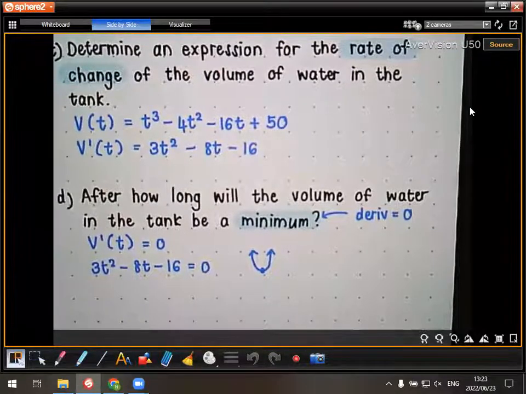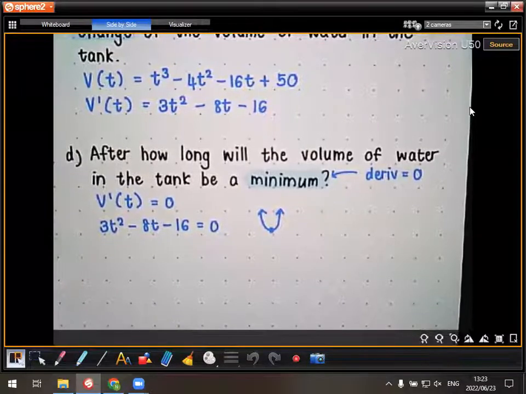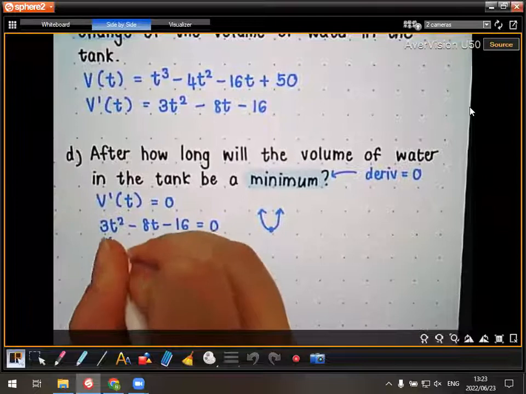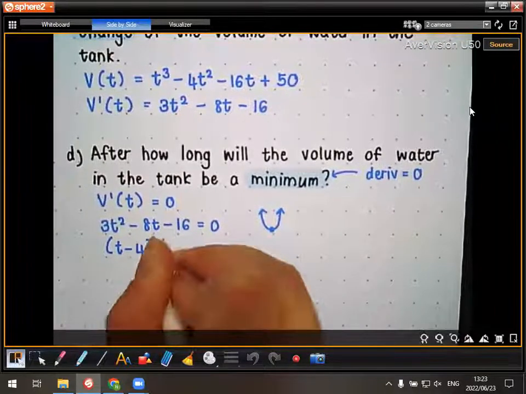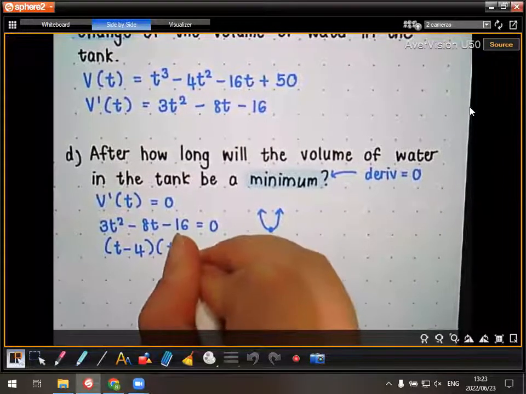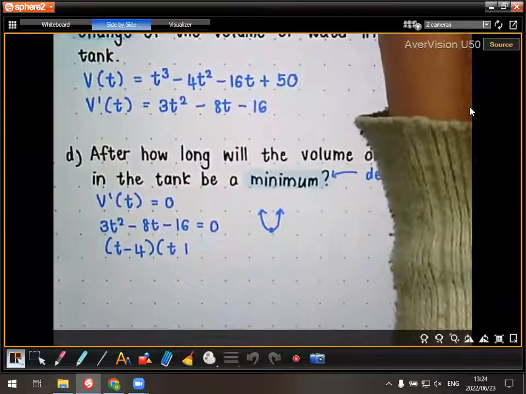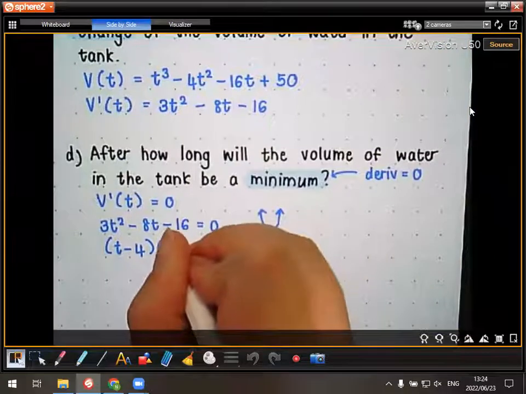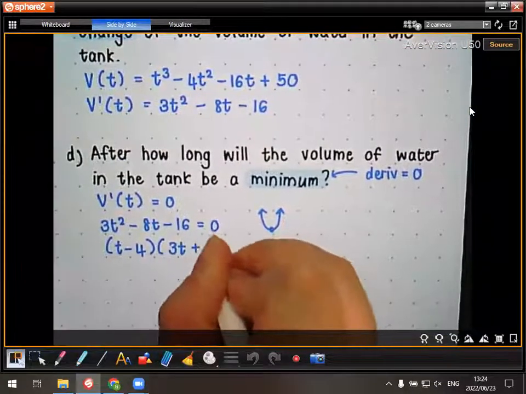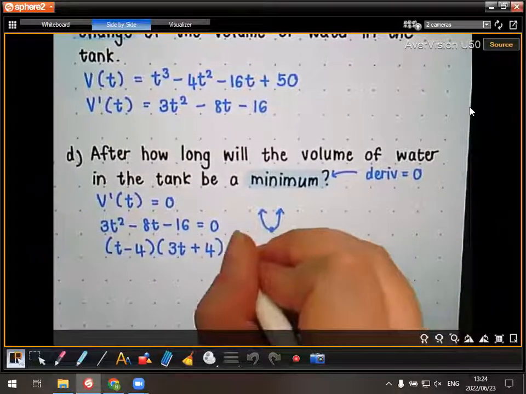Guys, do we want to factorize this time? Okay, let's do it. I'm going to use my little helper here. 3 and negative 8 and negative 16, and I'm getting t minus 4 and 3t plus 4, like that, equals 0.